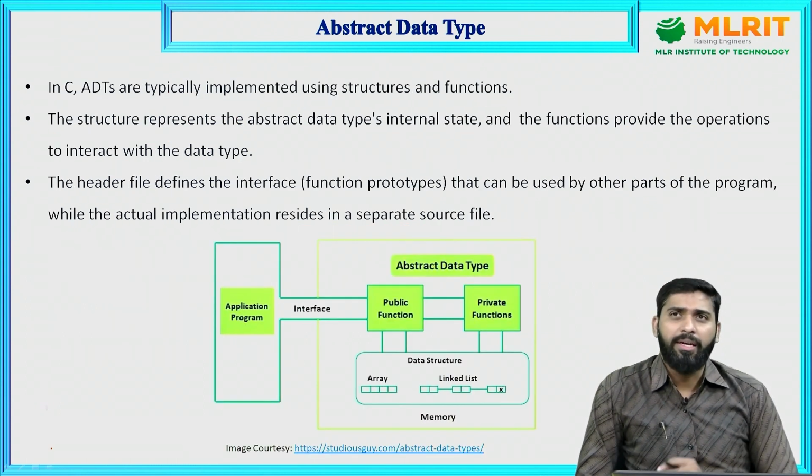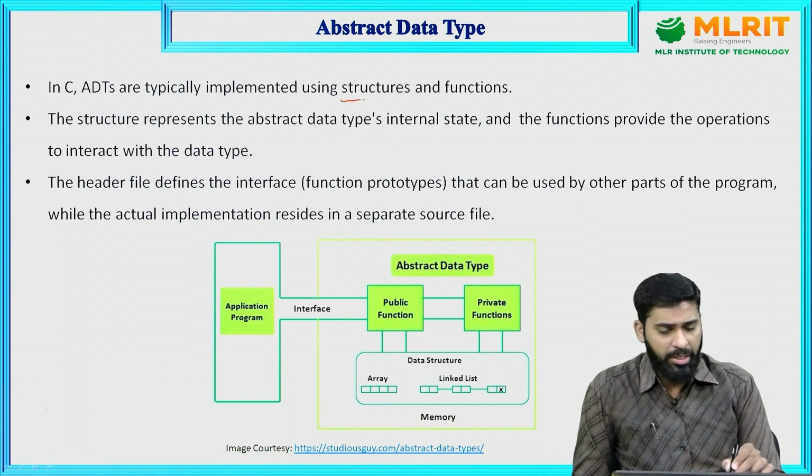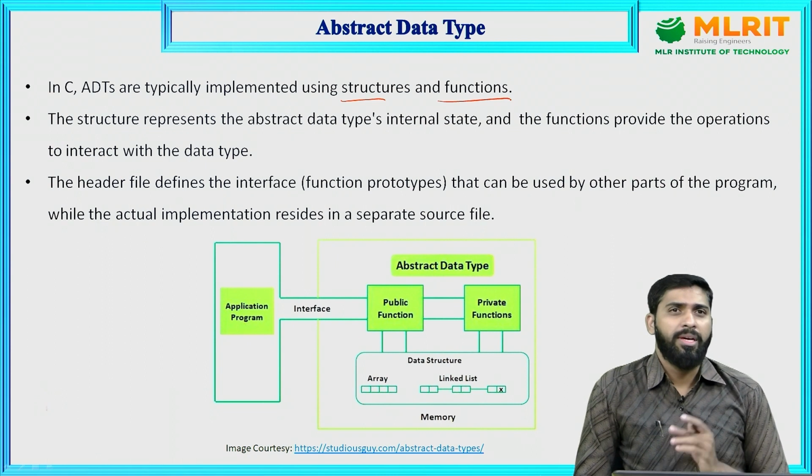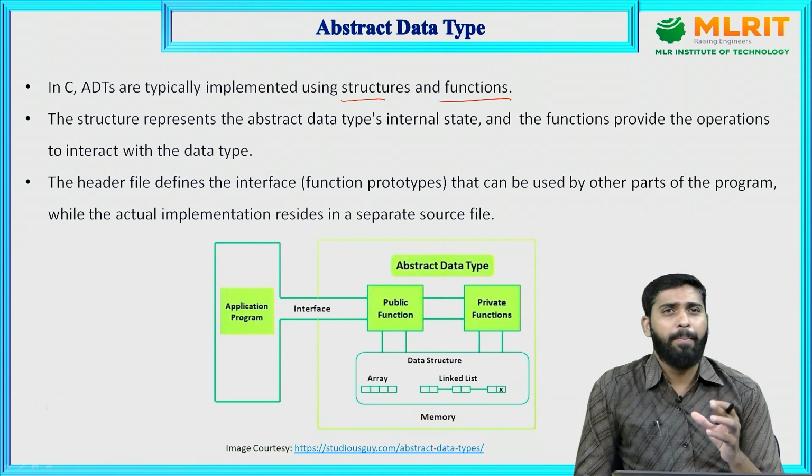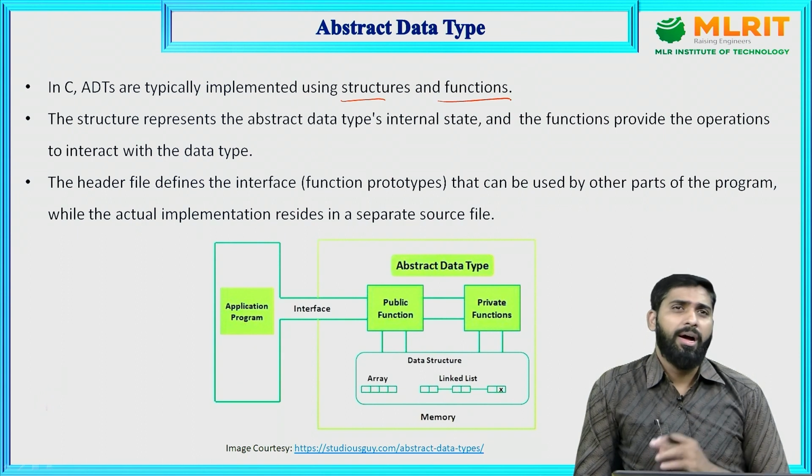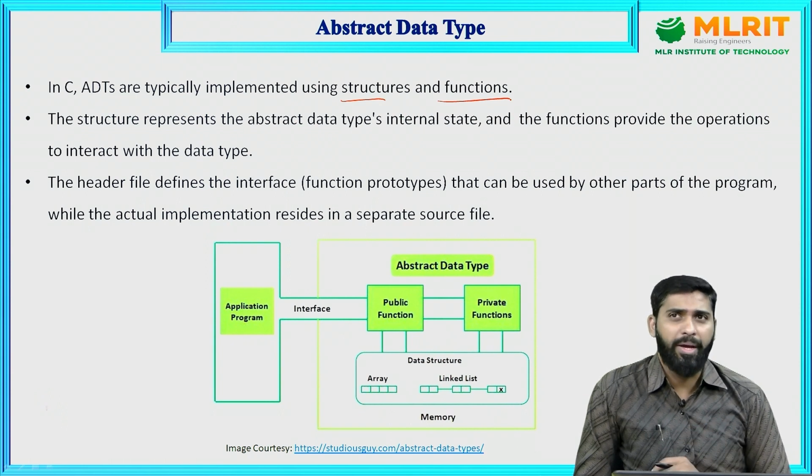In C, ADTs are typically implemented using structures and functions. Structure means different types of data types we combine as one structure, and functions means the different operations you are going to perform.